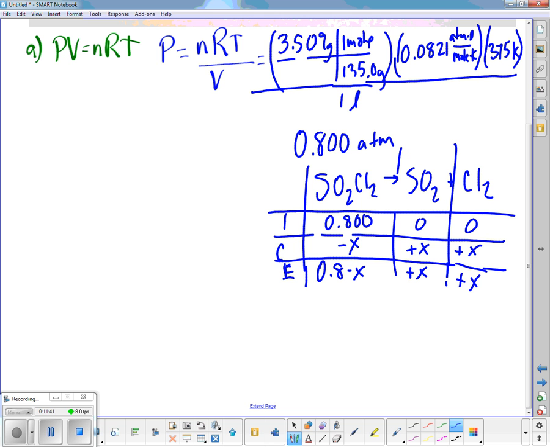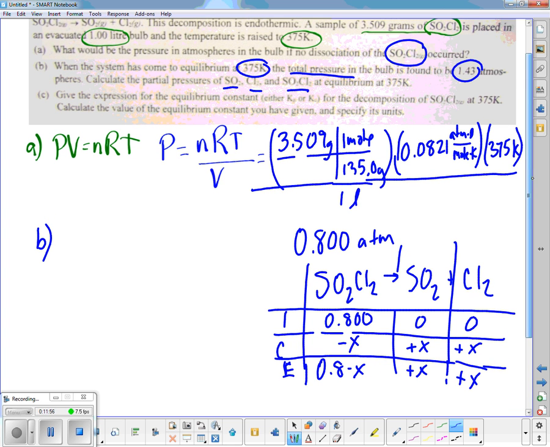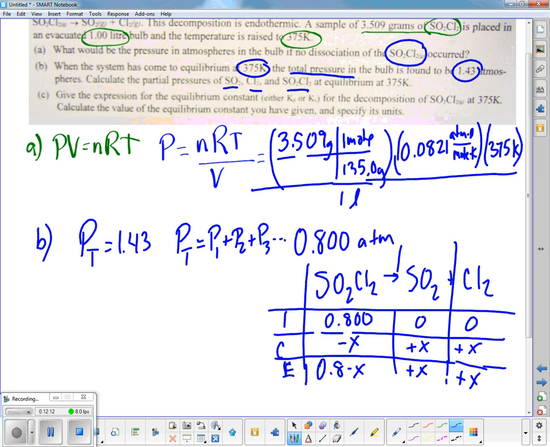Are we okay? Okay, but I'm not doing equilibrium. What did it ask me? Good. So it's set up here. I got 1.43. That's my total pressure. Well, if I remember Dalton's law, the total pressure is equal to all the little parts added up, right? So 1.43 is going to be equal to 0.8 minus x plus x plus x.